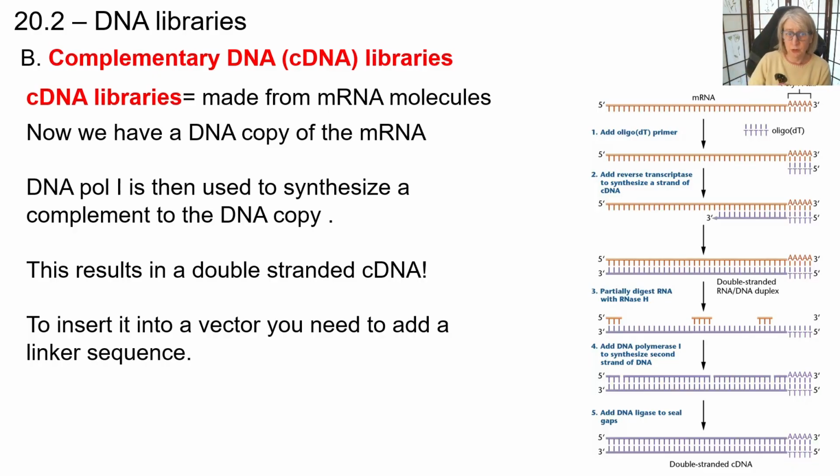This double-stranded complementary DNA is a sequence that I use inside of my body. I can then insert this into a vector. I can sequence it. If this was the code for insulin, let's say, that's a bit silly, but if that's the code for insulin, I now have the DNA sequence for insulin.